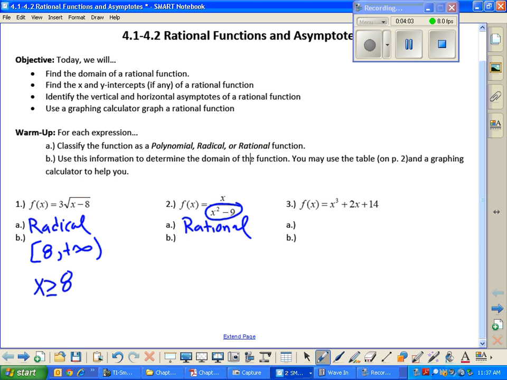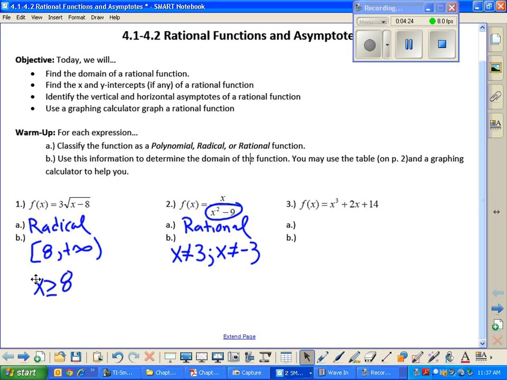Yeah, very good. So right now we know that X cannot be 3, and it can't be -3. So now we go to our calculator again. And what you see is that where 3 is and -3 is, you have these walls in your graph, and you're actually not allowed to touch those points.